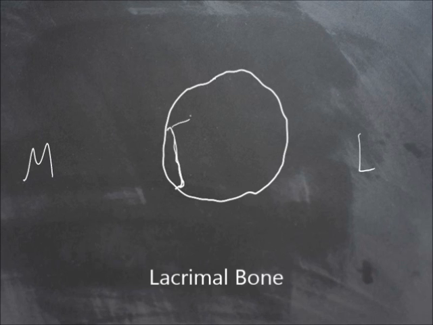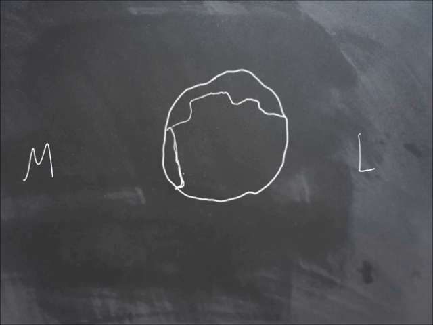You have your frontal bone here. You have your zygomatic bone just there. Down the bottom here, you have your maxilla, making up the floor of the orbit.